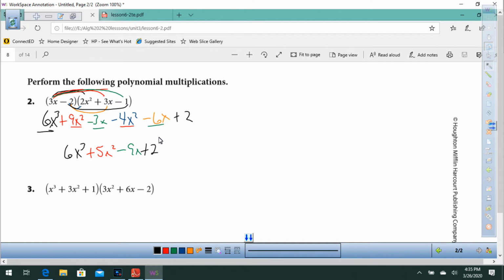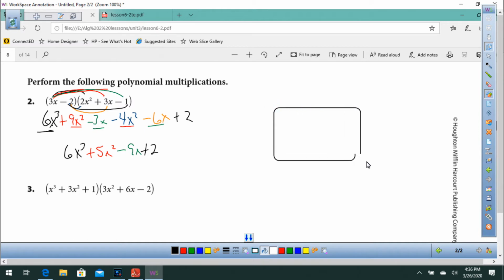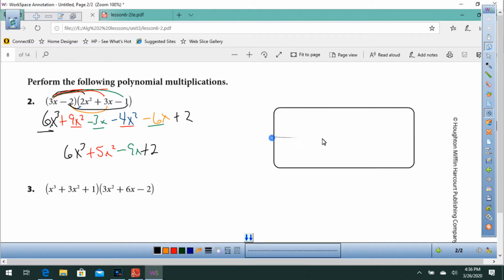The next method is called the box method. Let's make us a box over here, with a solid line.